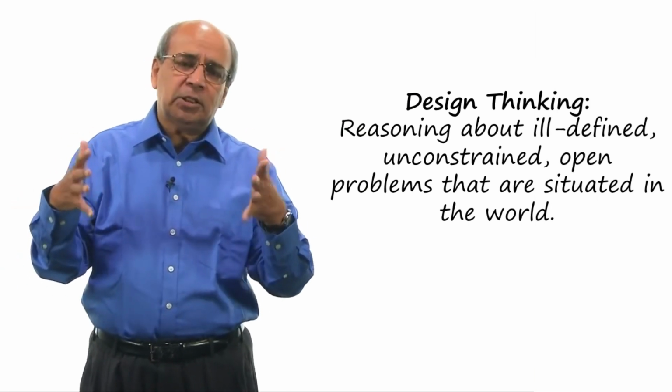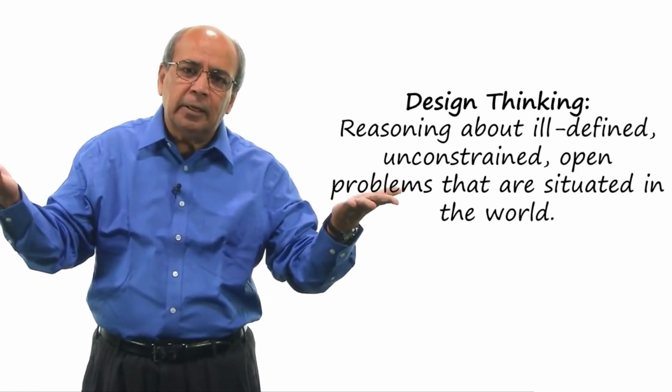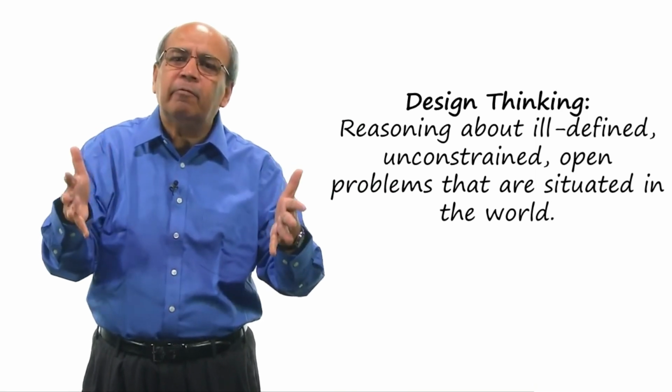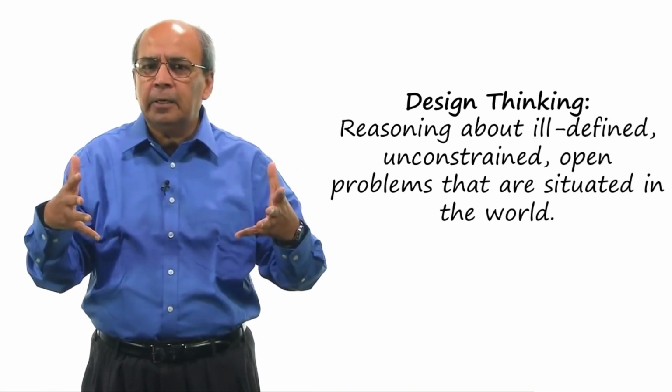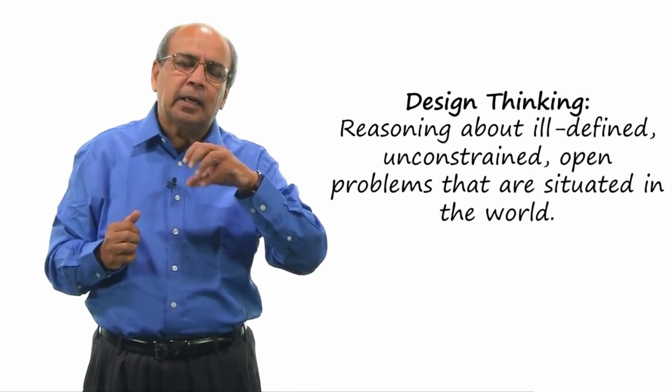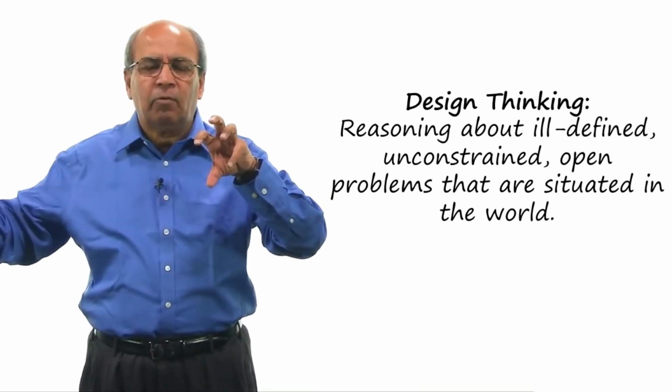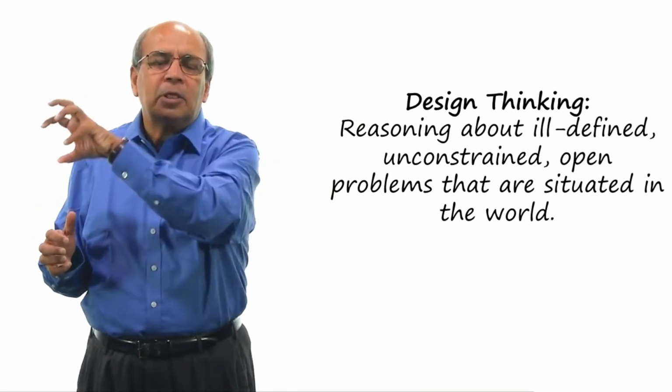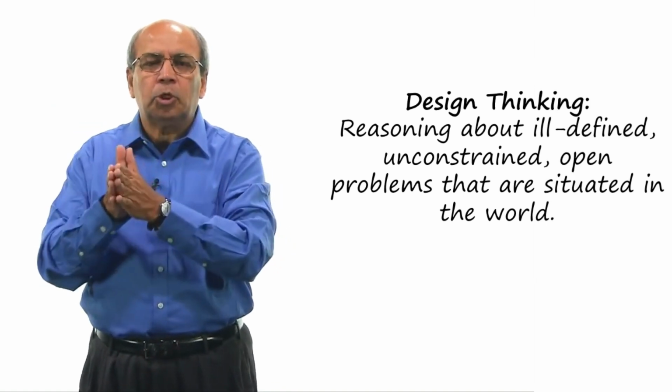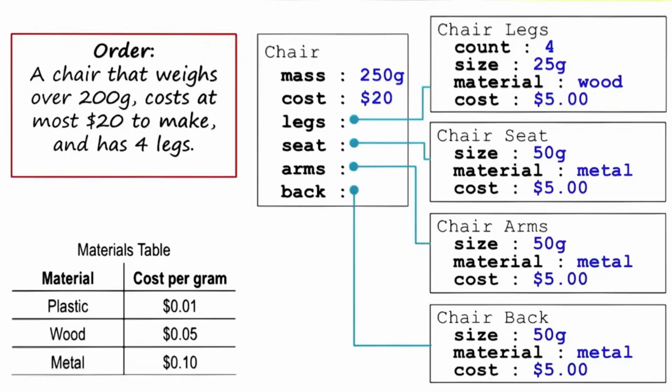Let's design a house that is sustainable is an example of design thinking. Sustainability here is ill-defined. The problem is open-ended. In design thinking, it is not just that the solution evolves, it is that the problem evolves as well. We have problem-solution co-evolution. As we have mentioned earlier, configuration is a kind of routine design.